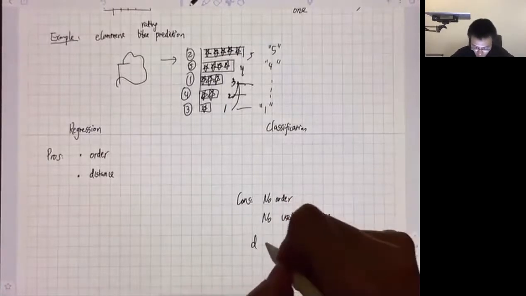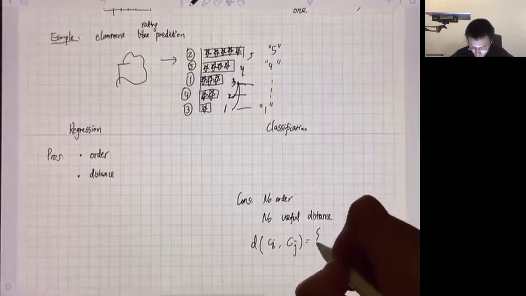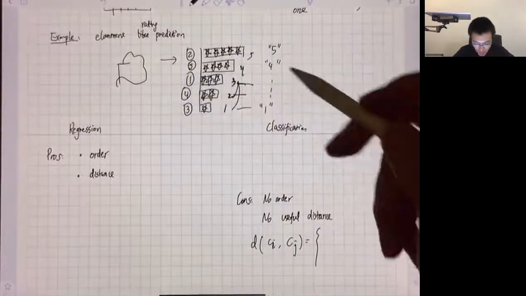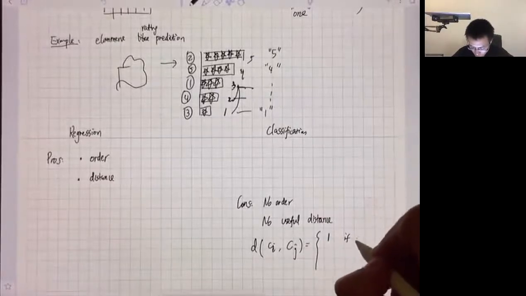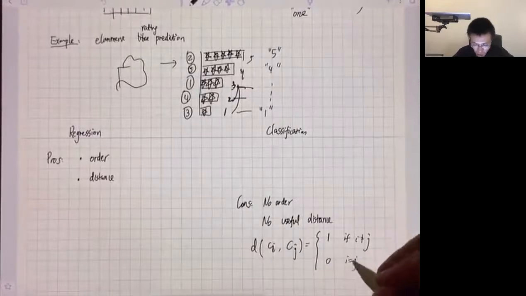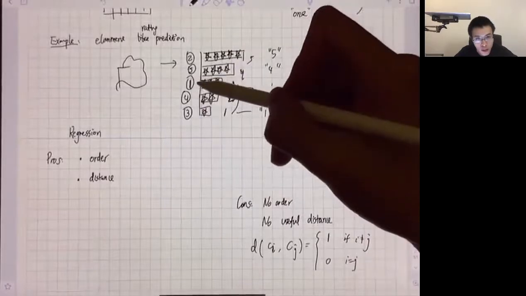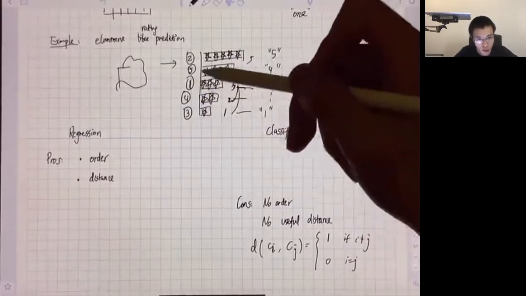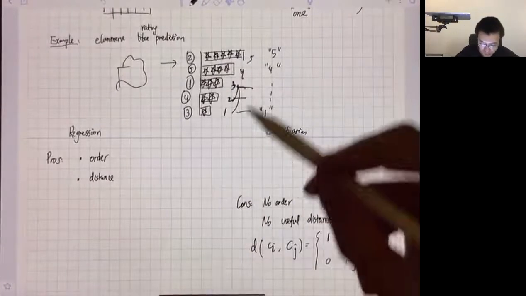The distance between two categories i and j is, by the discrete metric, 1 if i is not j, and 0 if i is j. It basically says the first category is the same as itself, but different from other categories. You have no useful distance information.